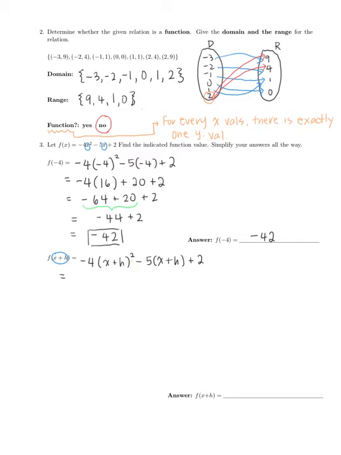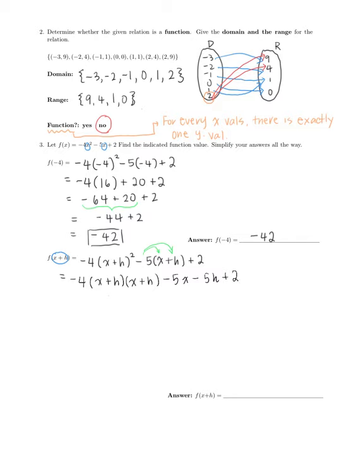So in this case, we're going to have to multiply x plus h twice. With that said, I can rewrite this as negative 4 times x plus h times another x plus h. Now let me just distribute the negative 5 to each term so that I can drop the parentheses. So here you're going to have negative 5x minus 5h, and then just jot down plus 2.